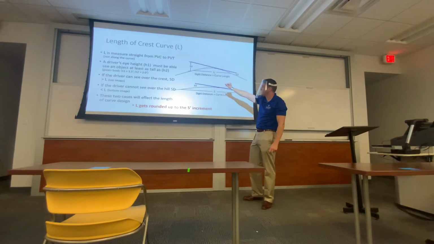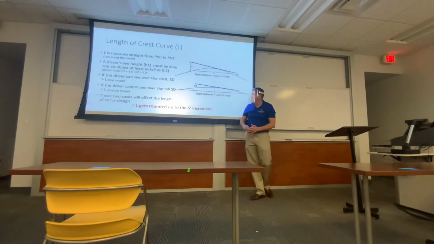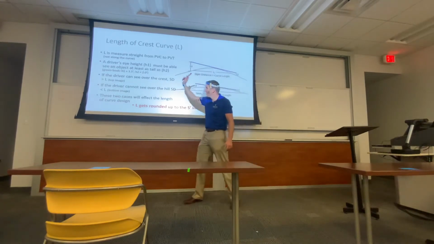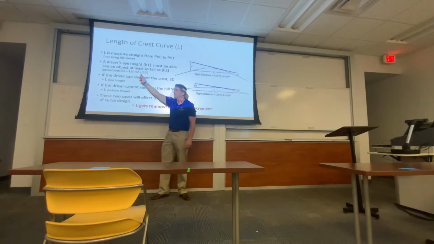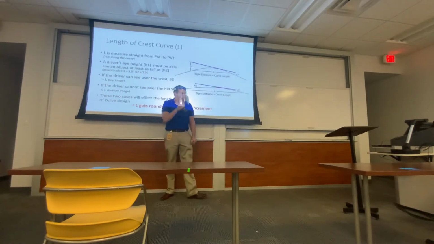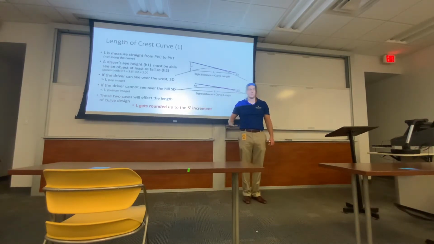This is fun. Okay. So we want someone standing with an eye height of 3.5 feet to be able to see something at an elevation of 2 feet. So 3.5 feet is what? Here we're assuming that's your driver eye height.